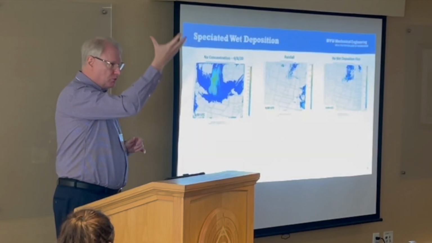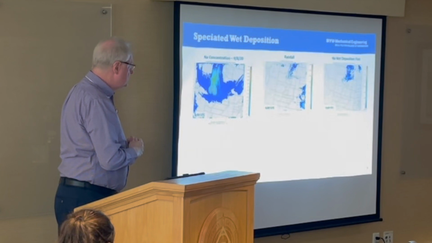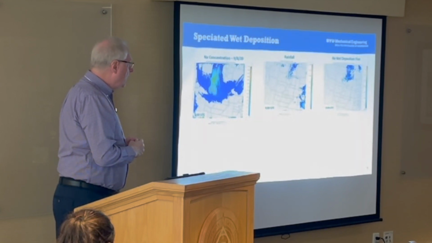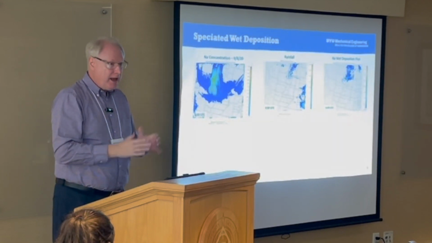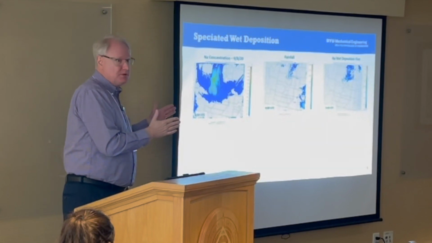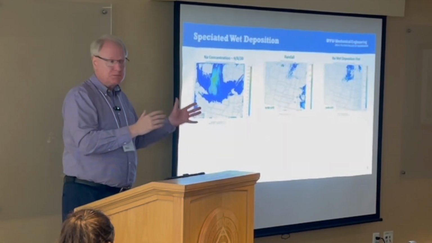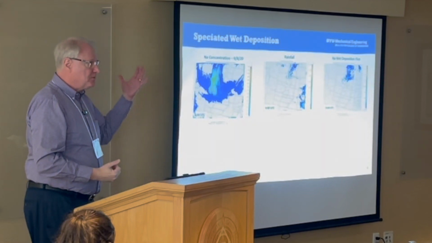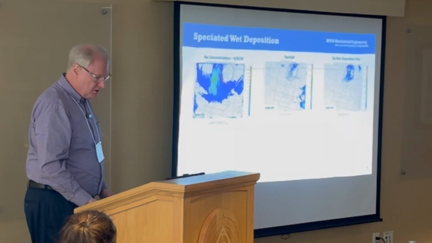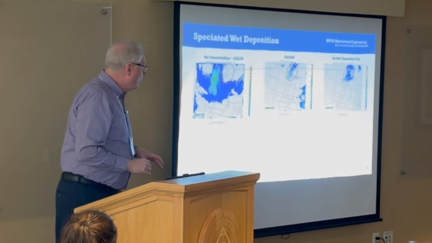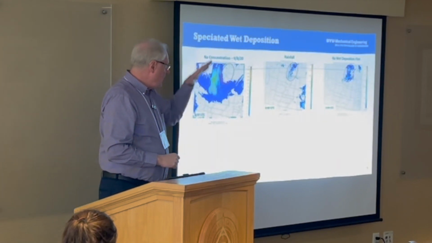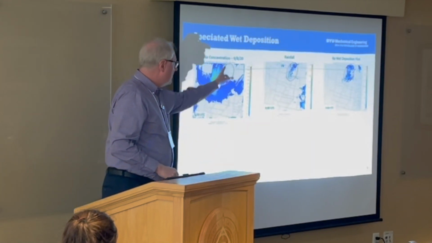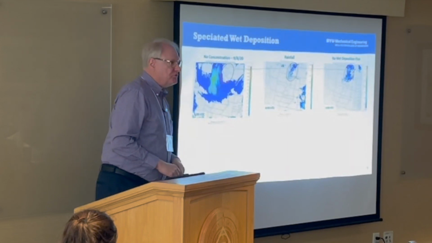That moisture is actually bringing it down and depositing it, and you can see that correlates really well with the location. And it is not where most of the dry deposition was occurring. Two different mechanisms are getting that sodium out of the atmosphere down onto the surface. You can see the linkage here: when the rainfall comes through and deposits the sodium, I've basically taken it out of the atmosphere.